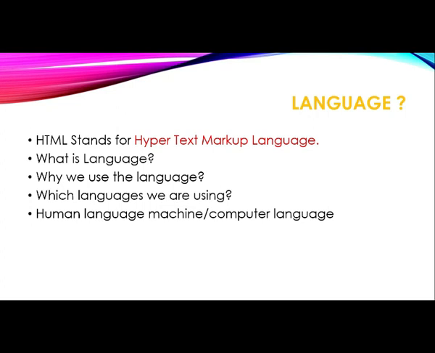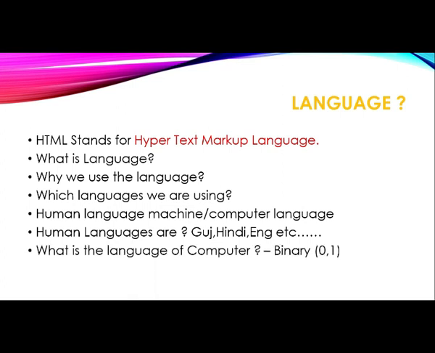But there are two types of languages: human languages and machine or computer languages. Human languages are different from machine languages. So what is the language of the computer? It's binary, 0 and 1.